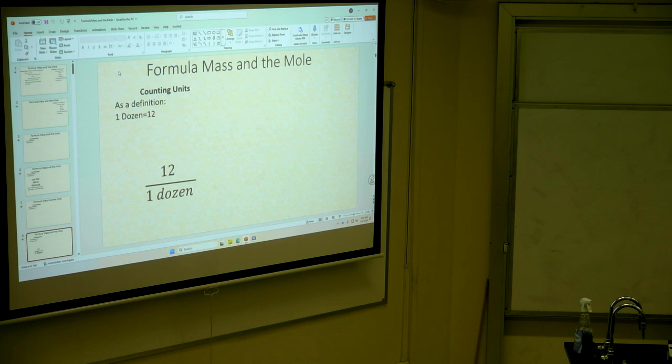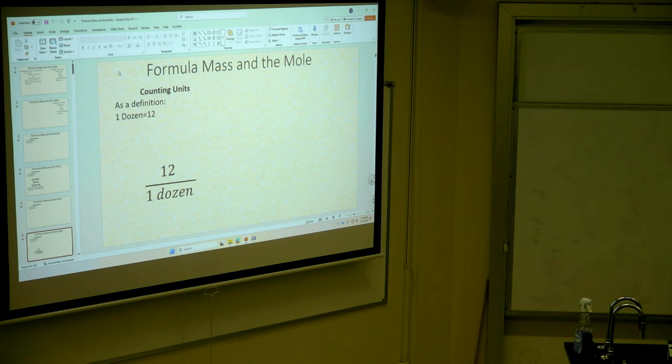And like before, in the numerical part of things at the beginning of the semester, you had that chart that had all the conversions in it, metric to metric, English to English. Well, here's another one that you could write. 1 dozen equals 12. But of course, the way you're going to use that in a calculation is the way I've got written down low, 12 over 1 dozen.